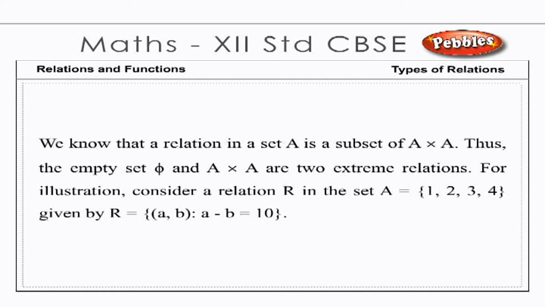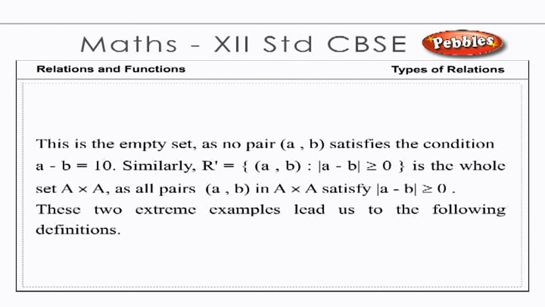For illustration, consider a relation R in the set A = {1, 2, 3, 4}, given by R = {(a, b) : a - b = 10}. This is the empty set, as no pair (a, b) satisfies the condition a - b = 10.